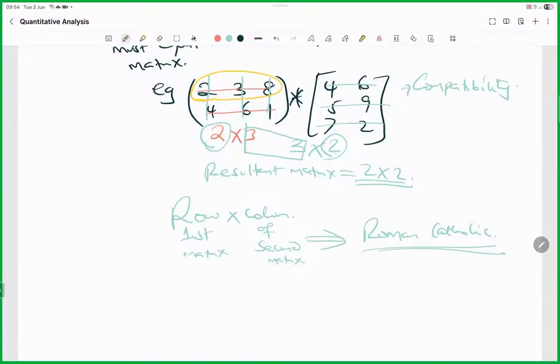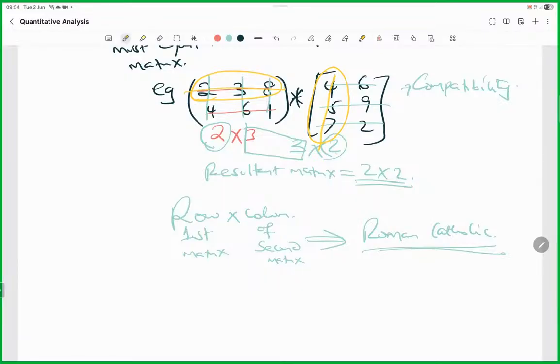We multiply the first row of the first matrix with the first column of the second matrix. Let's do the multiplication. Remember, it is Roman Catholic. It is this row with this column down.